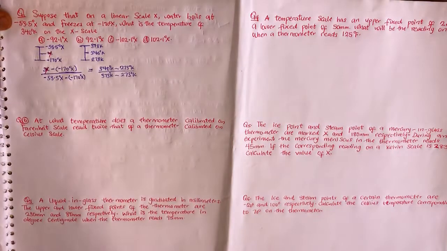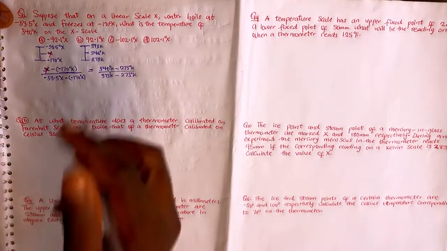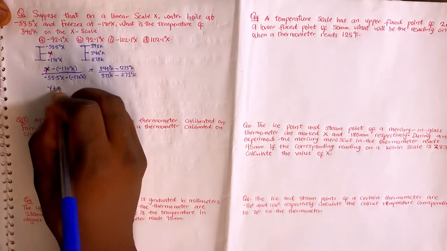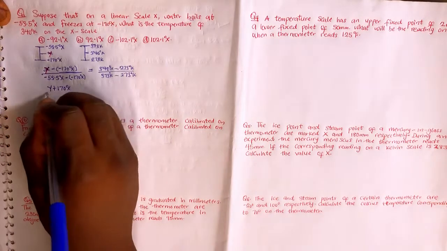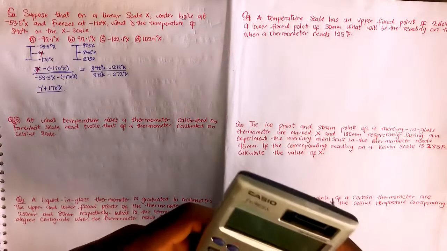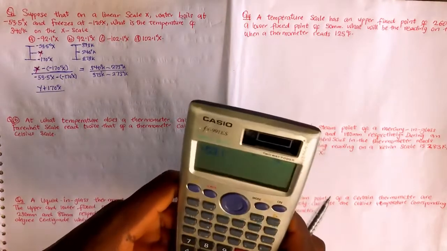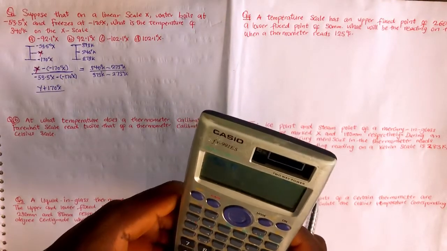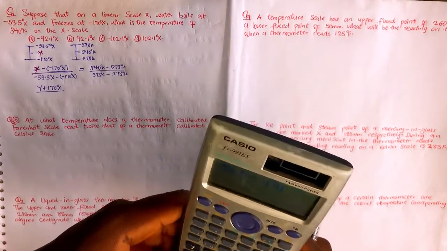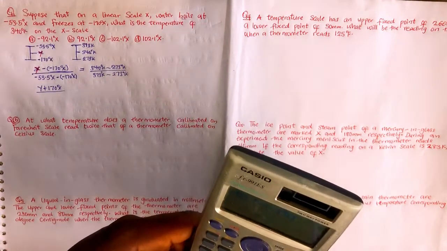So let's just go ahead and do a simple calculation. If you look at this, that's y plus 170 degree x. Then let me press everything here on the calculator. I'm having minus 53.5 minus into brackets minus 170 degree x here. So let's see the answer.